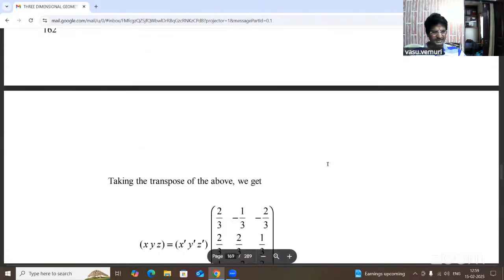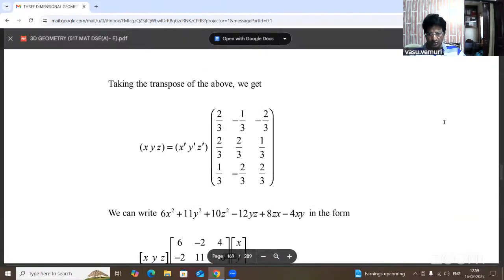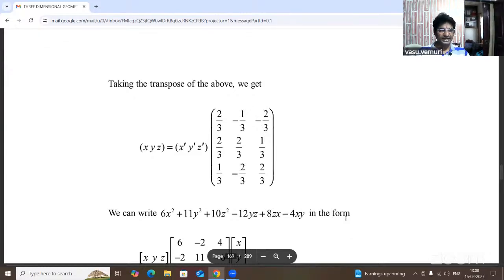Now you just have to see the first 2 blocks, then you can easily achieve good marks in the final examination. And the remaining concept is spheres. Students, listen carefully. Remaining concepts are spheres, cones, cylinder, paraboloid, and ellipsoid.